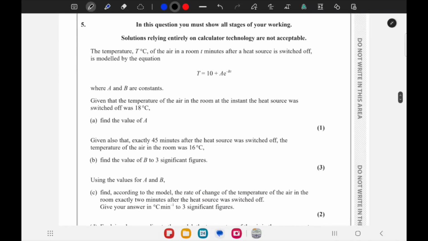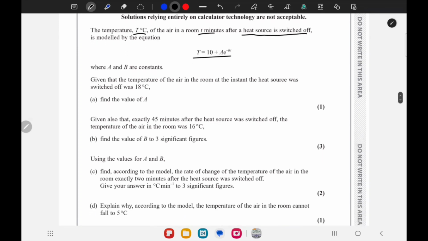Now on to question 5. We are given an exponential model over here for the temperature T after t minutes after a heat source is switched off. We are given the initial temperature, the temperature at which the heat source was switched off.